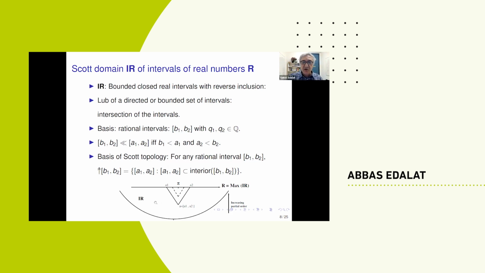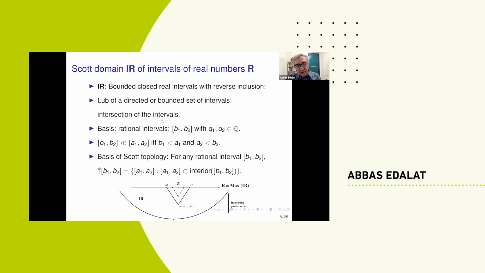So this forms a Scott domain, this simple partially ordered set that every mathematician can actually identify with, because these structures, not with this particular name, but the properties are used quite often in analysis. So if you take a directed or bounded set of intervals, then the least upper bound, the supremum, is just the intersection of these intervals.